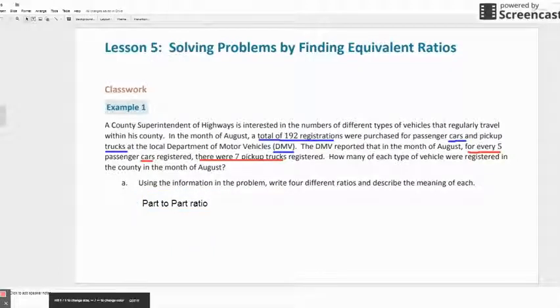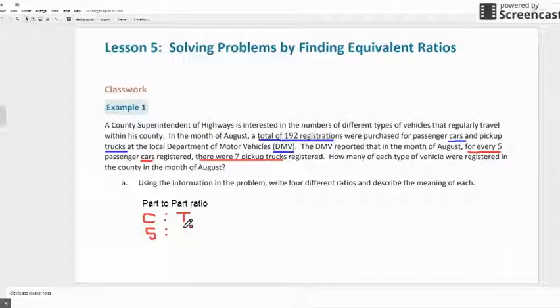So our first ratio, which is a part-to-part, we have number of cars, which is 5, to number of trucks. And the number of trucks in this case, I'm going to put TR for trucks. I'll discuss that later. Is 7. So part of the registered vehicles were cars, part of the registered vehicles were trucks.